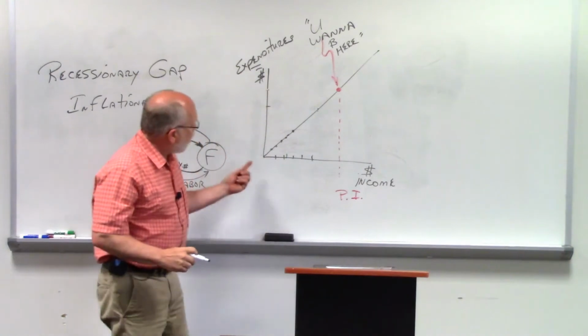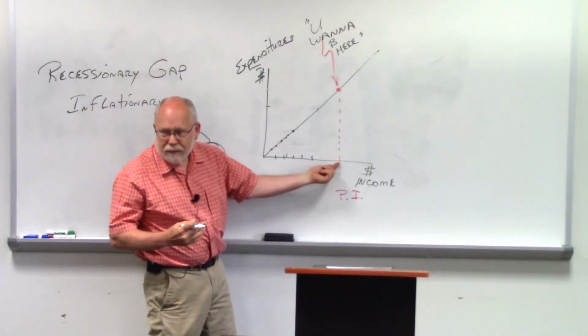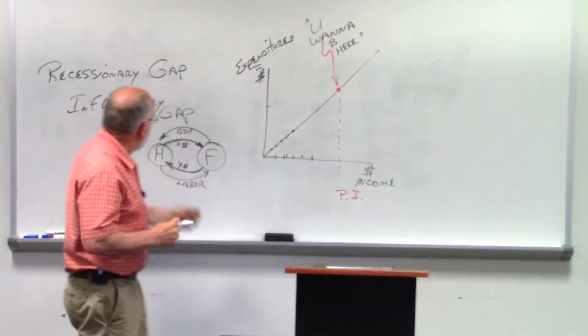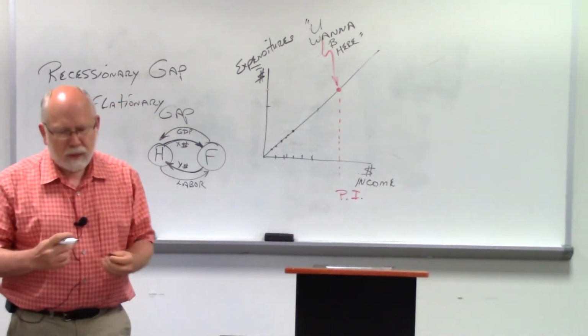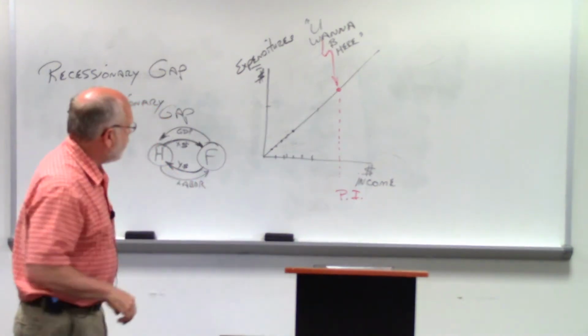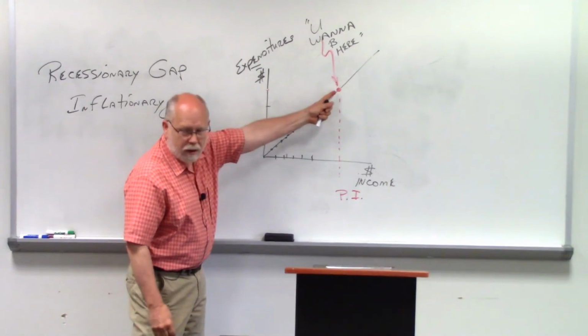Where do you want to be on this 45-degree line? You want to be out here where you get the maximum amount of income so that you can spend the maximum amount of money so we get the maximum GDP that our economy can possibly produce. That's where we want to be. Okay? Now let me back up for a second. How do we know we want to be here?